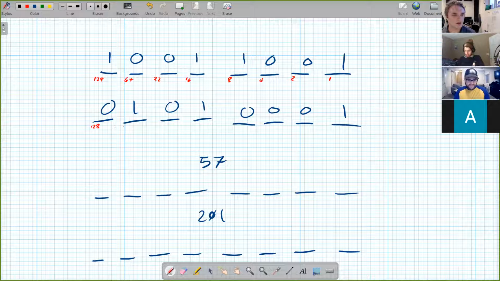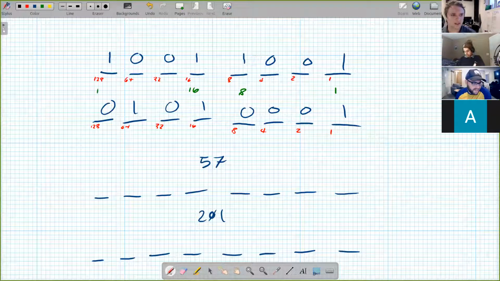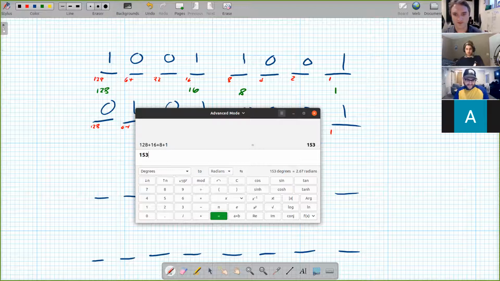Same down here, just get these nice and labeled. So here we've got a 1, an 8, a 16, and a 128. So that's 153.